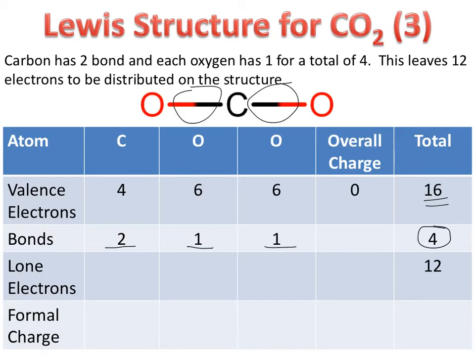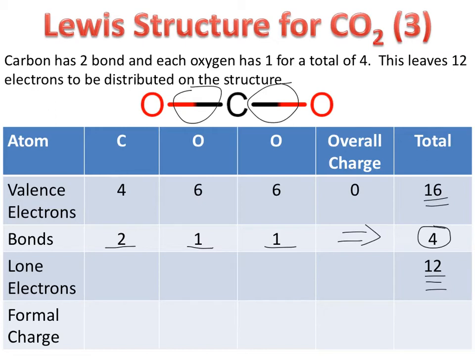Each oxygen shares an electron to the bond, so the 2 plus 1 plus 1 should equal 4, and we are accounted for on the bonds total. That leaves 12 valence electrons that have to be distributed around the structure. First by putting 6 on each of the peripheral atoms, and then if there are any left over, putting the rest on the central carbon.